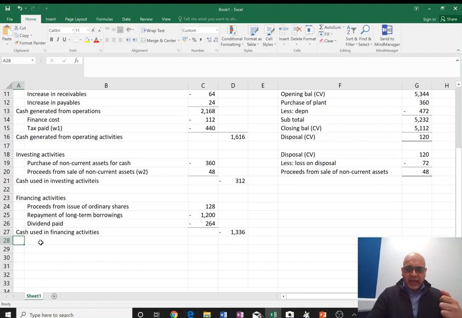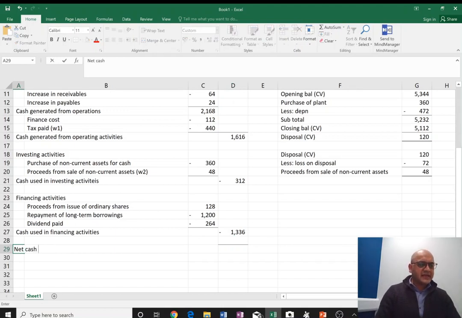So what if we add up the whole statement of cash flow? The total that we get is called net cash increase, or in this case a decrease, in cash and cash equivalents.